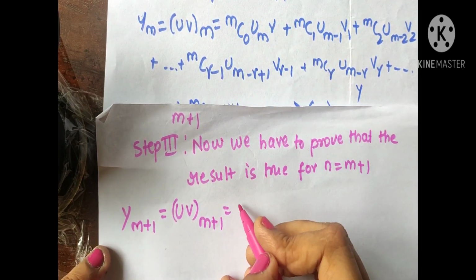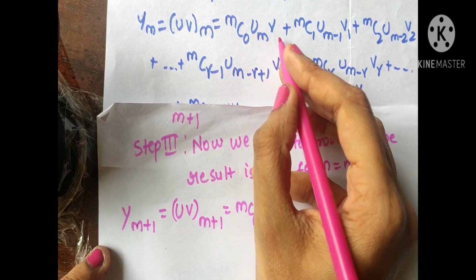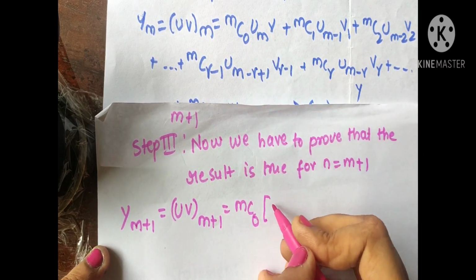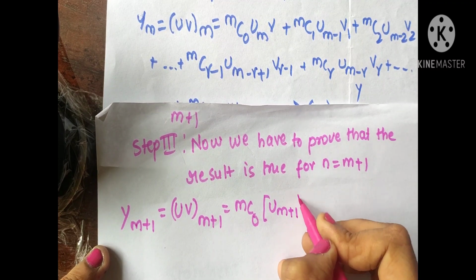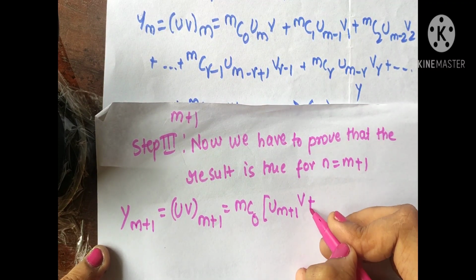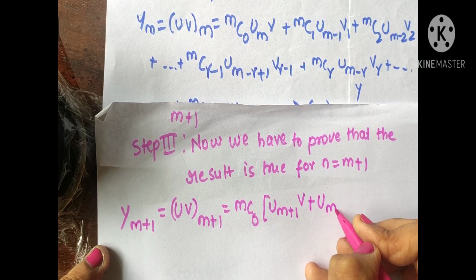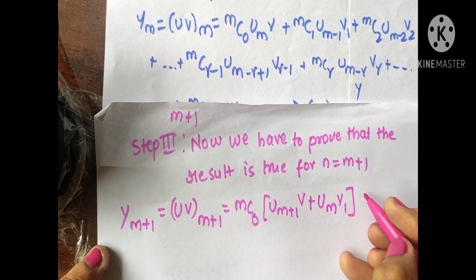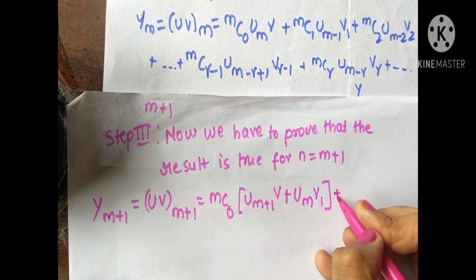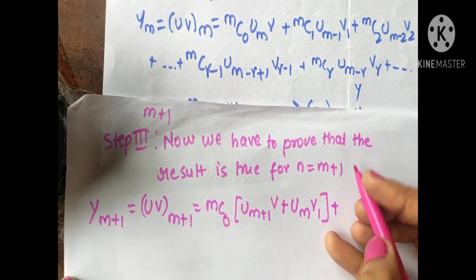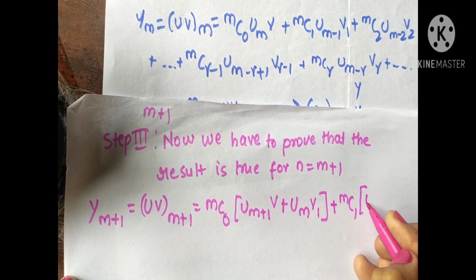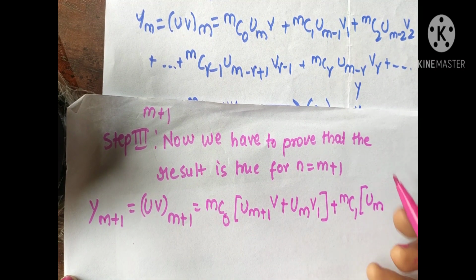So mc0 as it is. So differentiation, product rule you apply. Here you are getting differentiation of um is um plus 1 into v, keeping v as it is. Then again keeping um as it is, and differentiation of v is v1, plus next one mc1, differentiation of um minus 1 is um, and keeping v1 as it is.